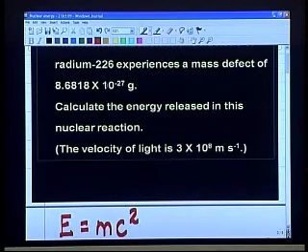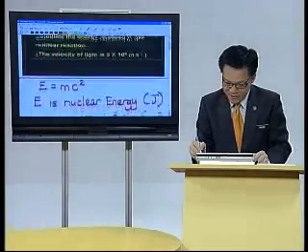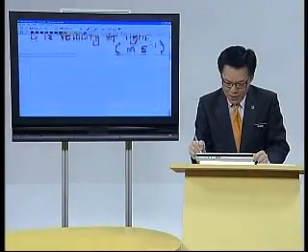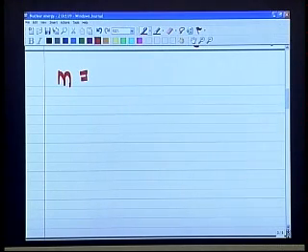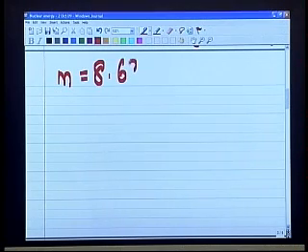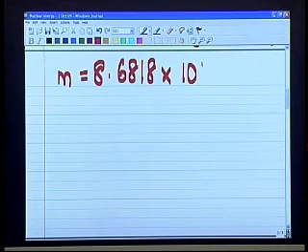8.6818 times 10 to the power of minus 27 grams. That is the mass defect. It is given in the question. So now I would write down our value of m, which is 8.6818 times 10 to the power of minus 27 grams.